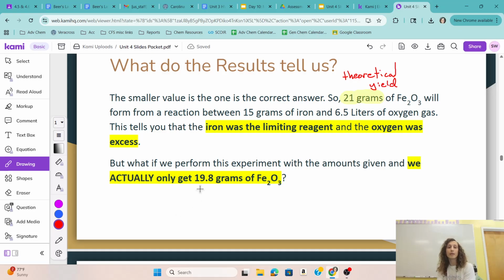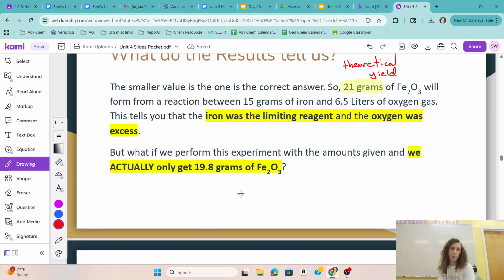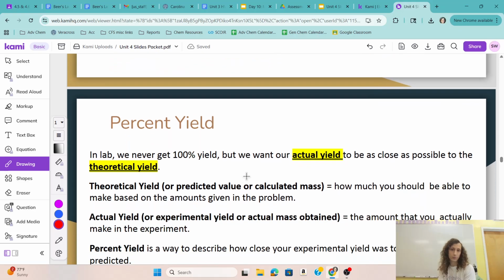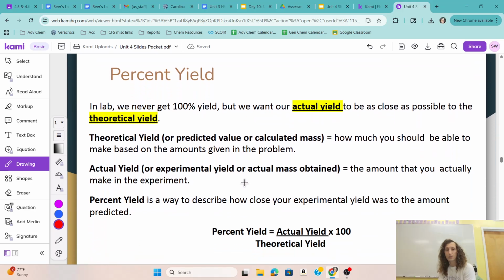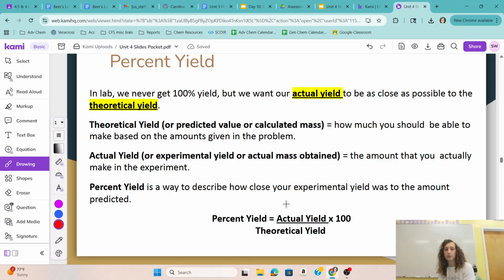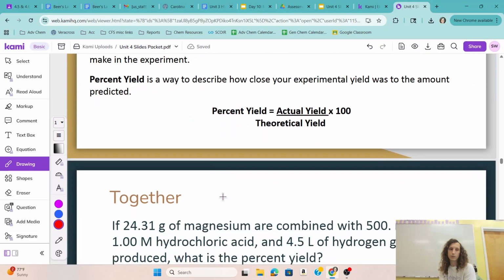But if we only actually measured 19.8 grams of the rust, what does that mean? We do something called the percent yield. So we take our actual yield, which was that 19.8 value, divided by our theoretical yield, which was 21, and multiply it by 100. And again, the idea is to just give us an understanding of how well we did compared to this theoretical ideal.